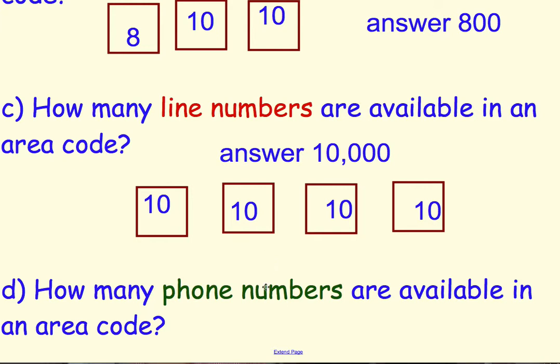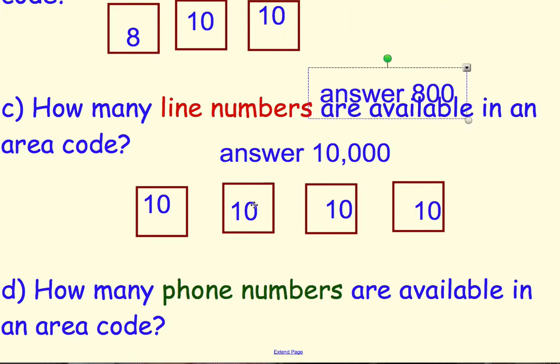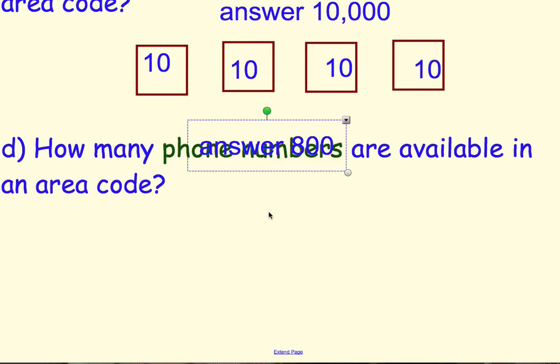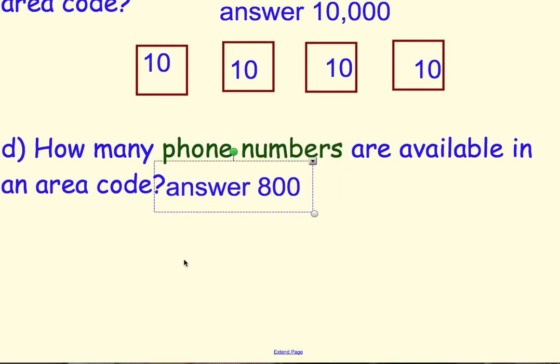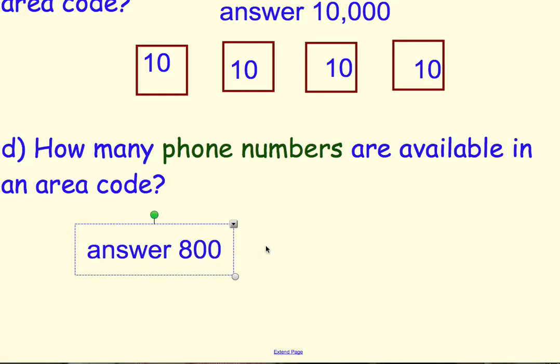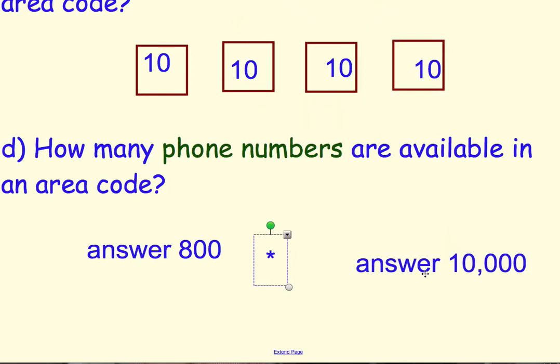So what does that mean? How many phone numbers are available in an area code? Well, let's grab this part. Within the area code, your prefixes, you've got 800. And then what you're going to do is multiply that by the answer from your landlines.